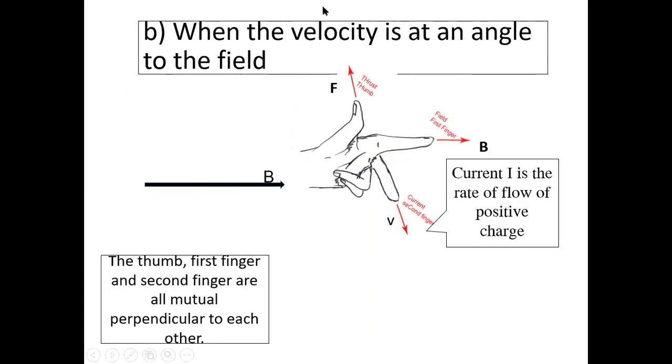Okay, so when the velocity is at an angle to the field, there's your field, there's your charge. It's moving at a velocity there. So where's the direction of the force?